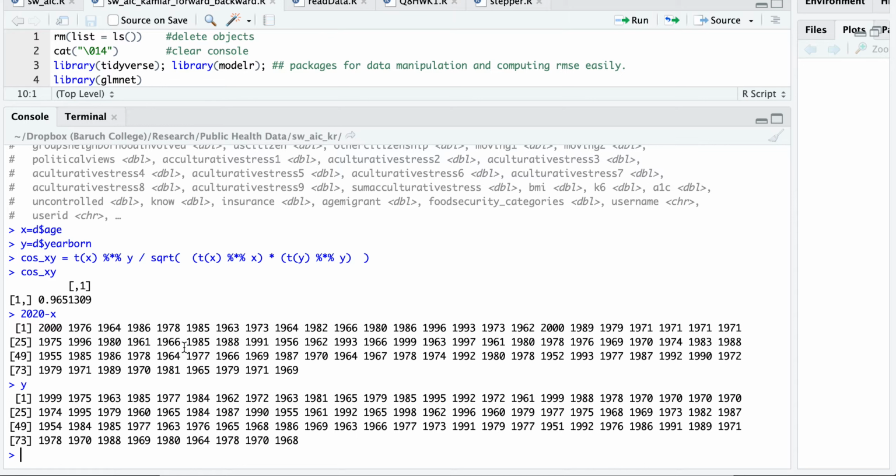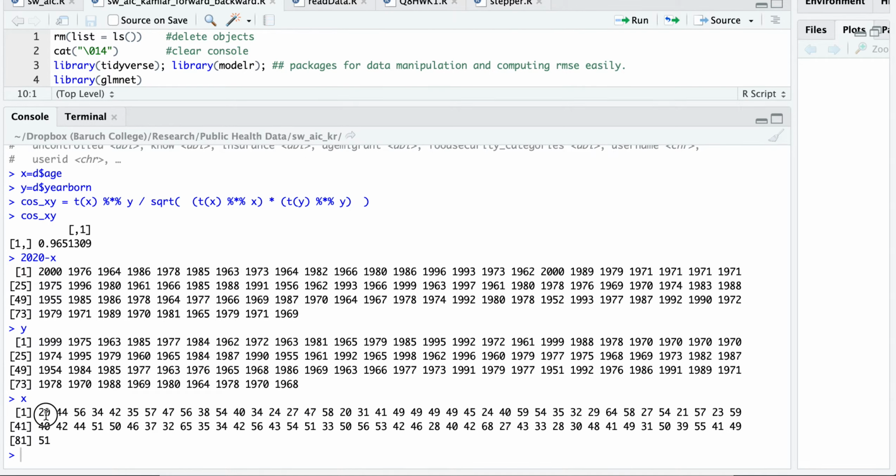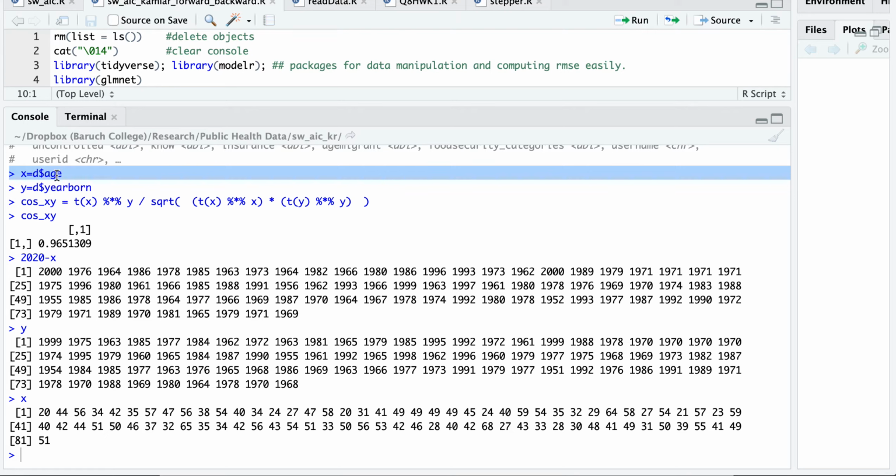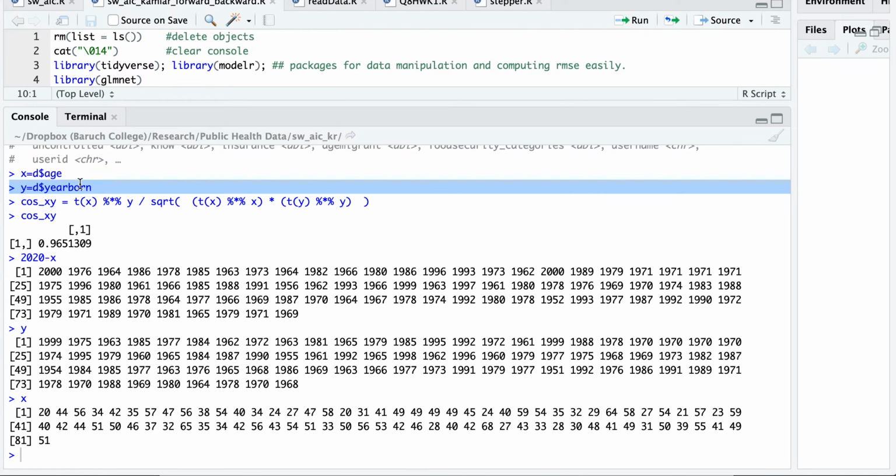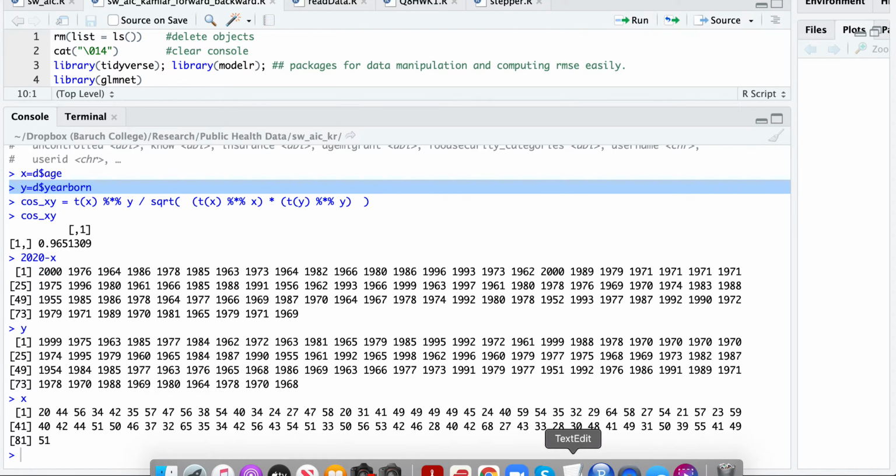If you're born in 1999, then your age shouldn't be 20, it should be 21. Anyway, there's a one shift. But the whole point is that here we have two variables with redundancy. What the age is telling us is the same as what the year born is telling us.